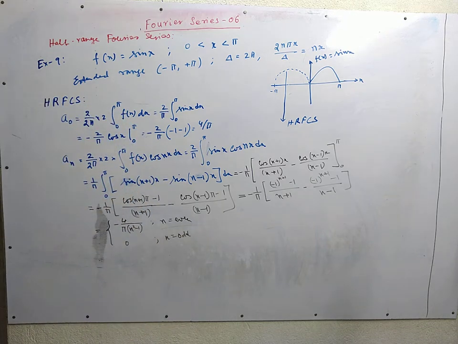So we get the Fourier expansion for that. If we use this, we will get the half-range Fourier cosine expansion.